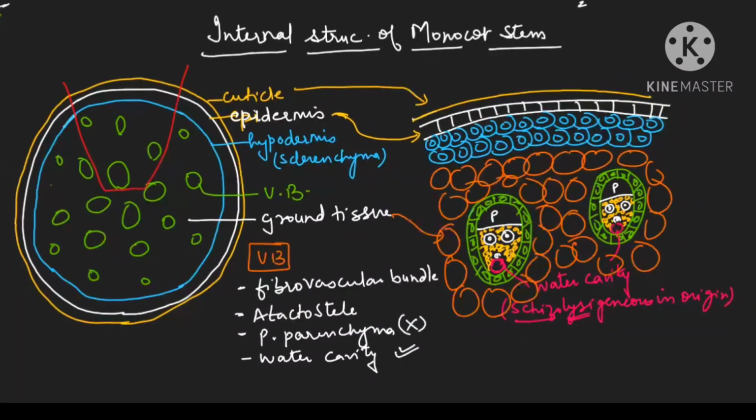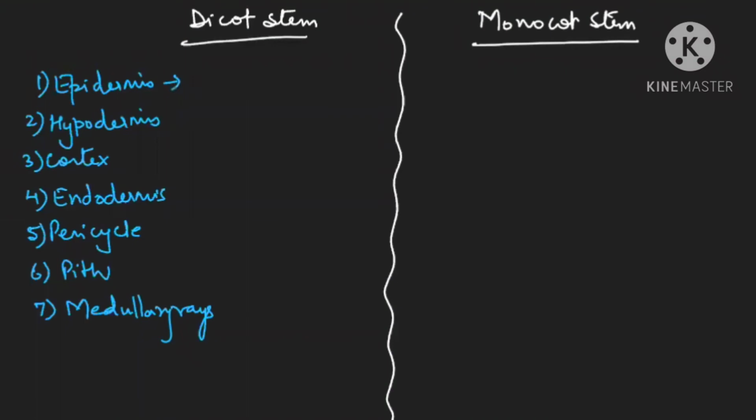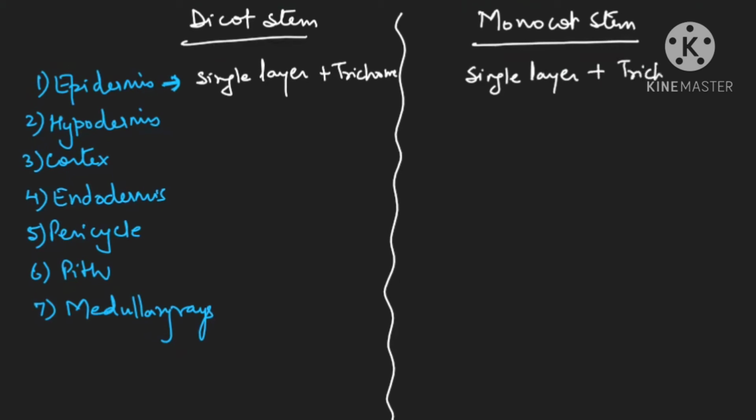Now let me give you a comparison of the dicot stem and monocot stem. Now see the difference. The epidermis of the dicot stem is single layered with trichomes. In the monocot stem, it is also single layered, but trichomes are absent.